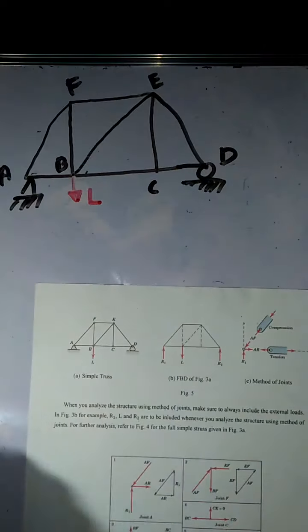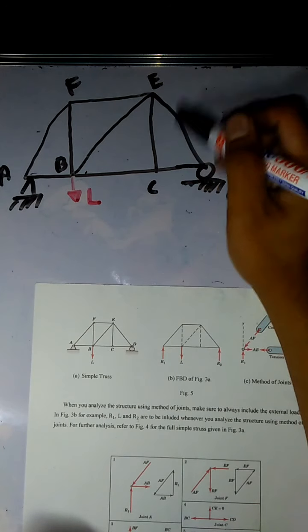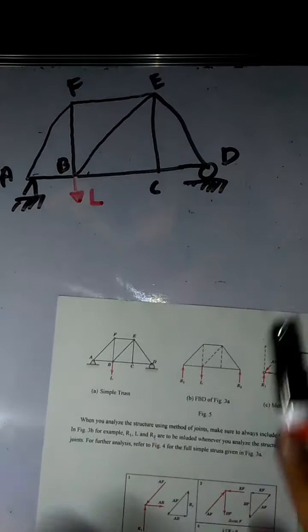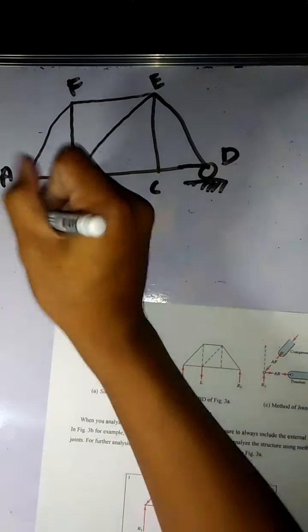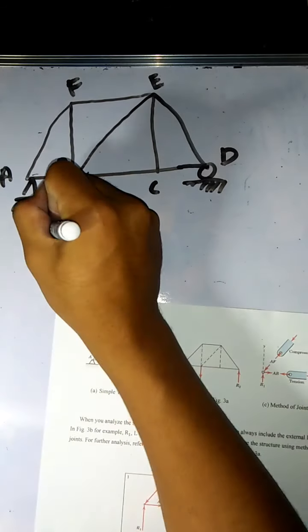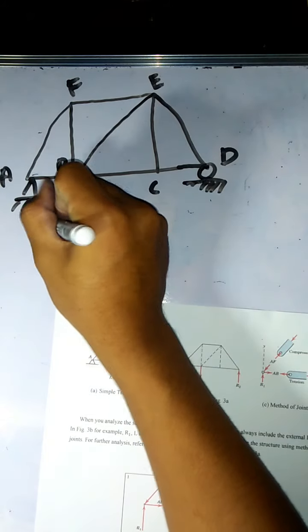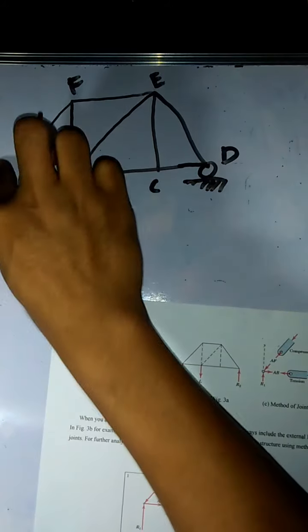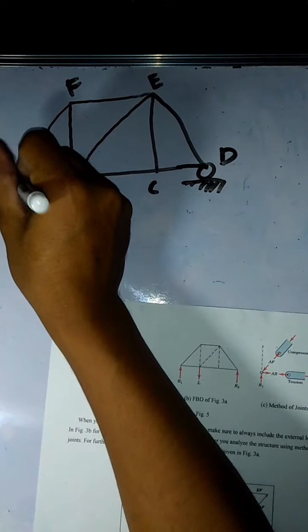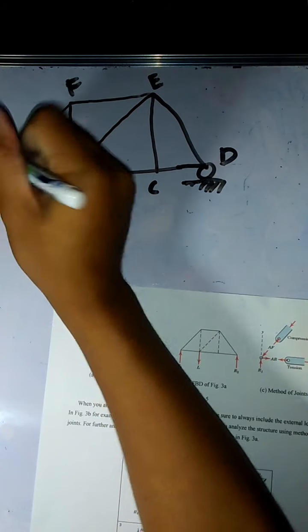If we draw the FBD, let's just use this figure. If we draw the FBD, there is a reaction here along X, along Y, and a reaction here along X. Okay? This is AX.